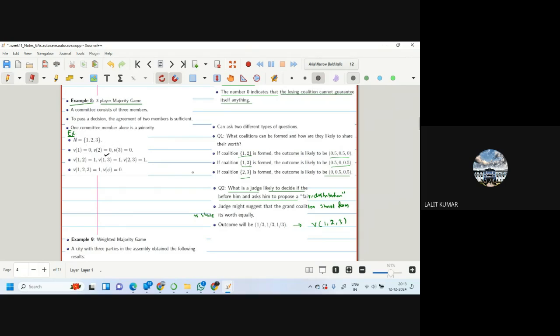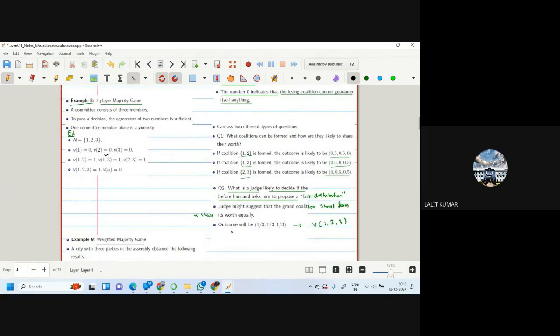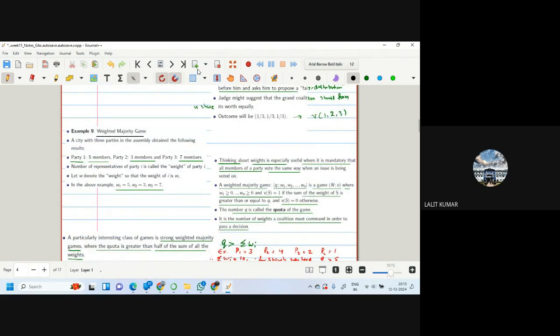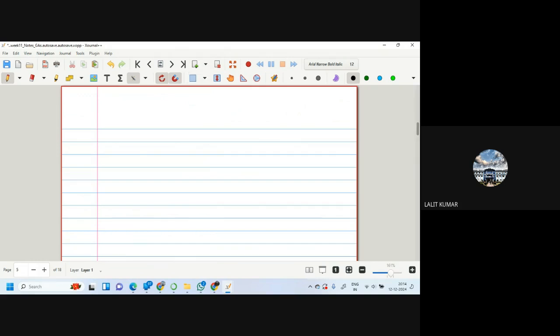Then another is the weighted majority. In the earlier example, every player was getting only one vote, and if two vote, they win. Weighted majority means, I will give you an example, that there are three parties. In your club, there are three parties.